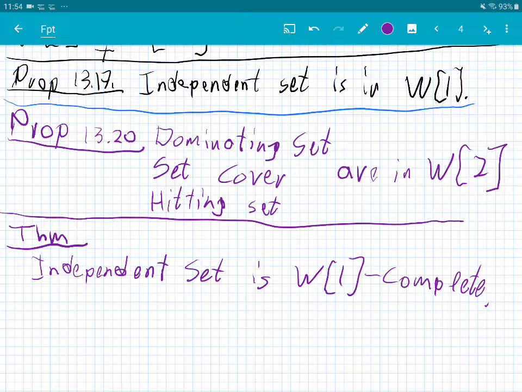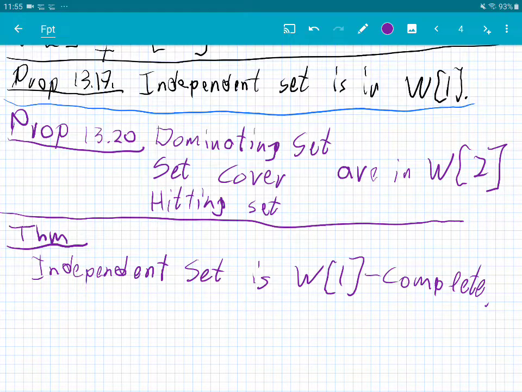So independent set captures this class, and it's very surprising, because it essentially says that it doesn't matter how you organize your circuit, what its constant depth is, as long as you have only one heavy gate on every path, your problem is equivalent to independent set, or if you want, it's equivalent to this very specific circuit that solves independent set. So it's a somewhat surprising result. In fact, we are going to get a hint why it's true later on when we speak about polynomial reductions, not Turing machines.